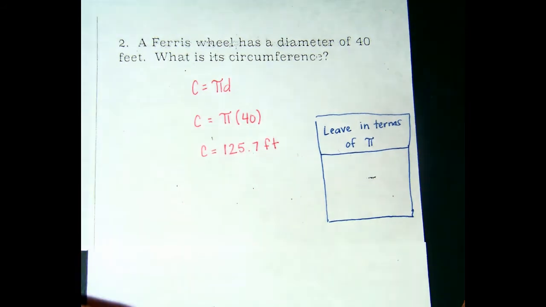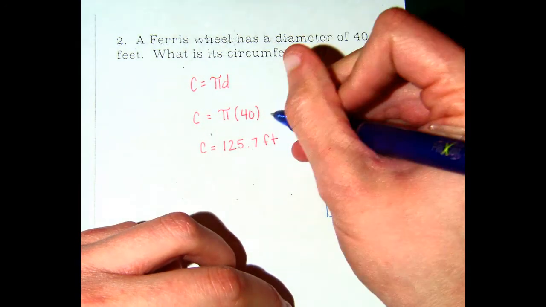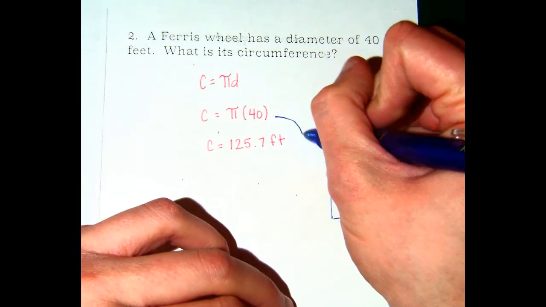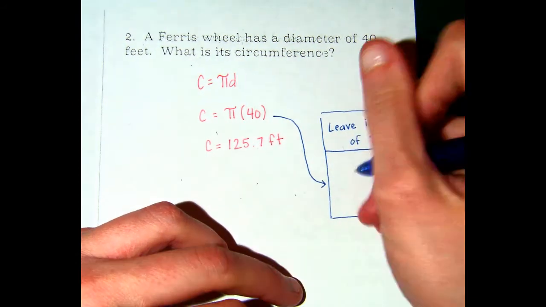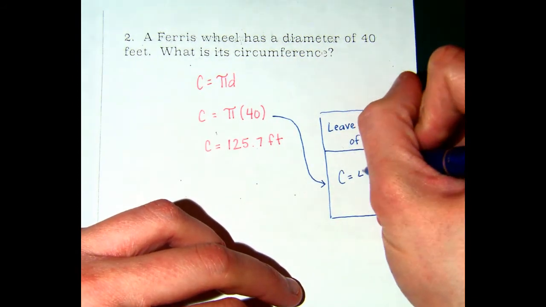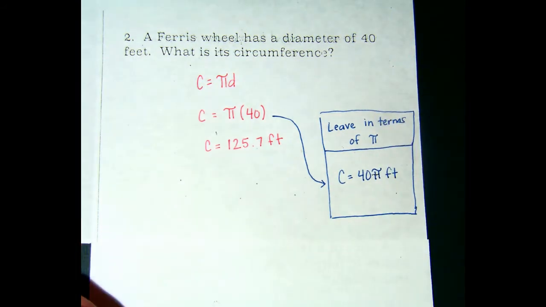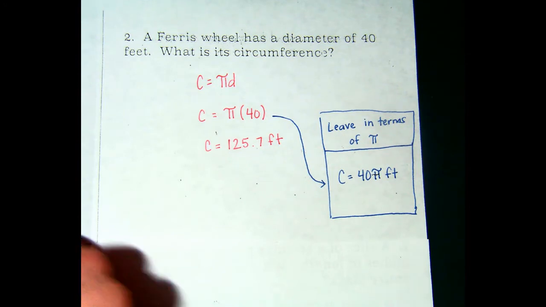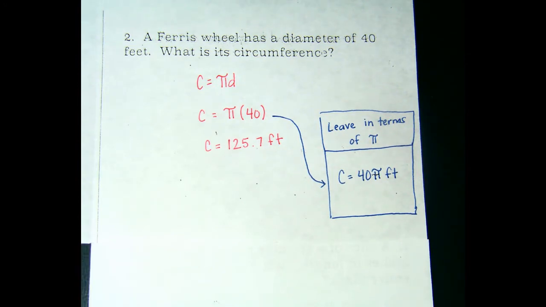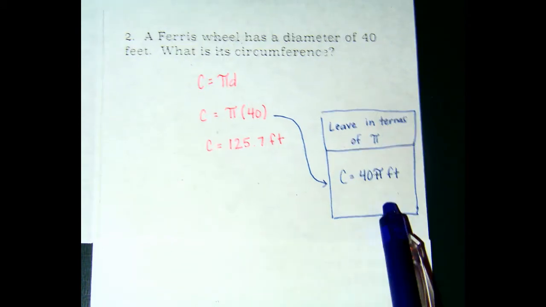It means you're going to do all the calculations without pi. So you had 40 and pi here. In terms of pi, this circumference is literally 40 pi feet. I'll show you what area means by leave in terms of pi in a minute. You need to pay attention to what it asks. If it says leave it as an exact answer, that's this.